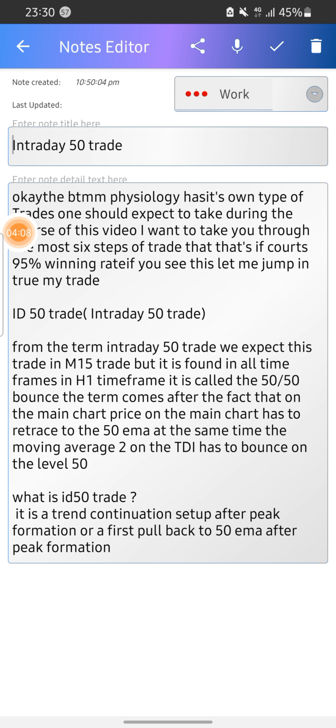At the same time, if you check our indicator chart, on our TDI, our moving average 2, which is the green EMA, will bounce on the level 50, which is our mid level.